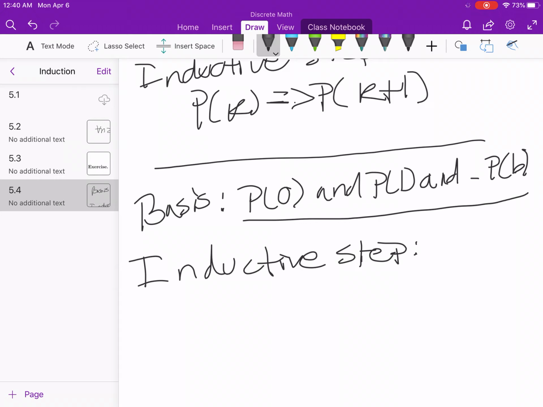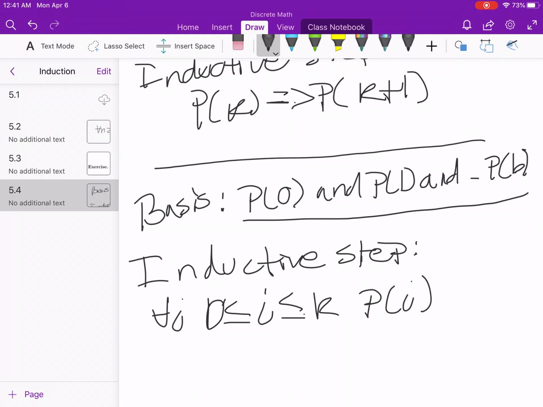What I'm going to do is I'm going to say for all values I between 0 and K, that P of I is true, right? And it's going to be the same type of thing where if that's true, then I'm going to deduce that P of K plus 1 is true.